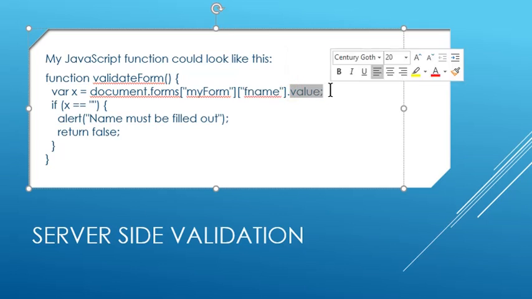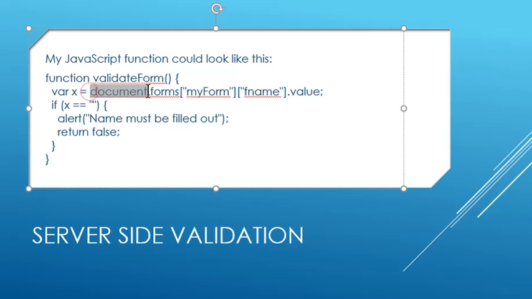You want the value of that from your document. Then you've got this nice little if else, except there's not even an else going on here. If X is exactly equal to nothing, because two quote marks next to each other with nothing in them means there's nothing there.